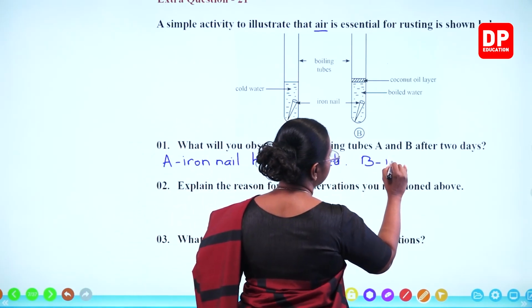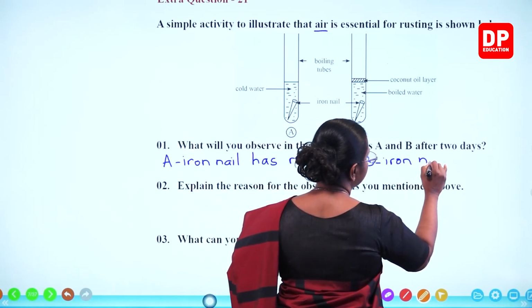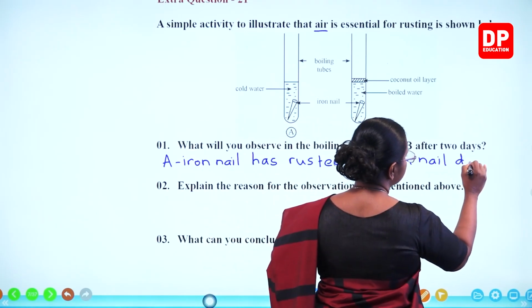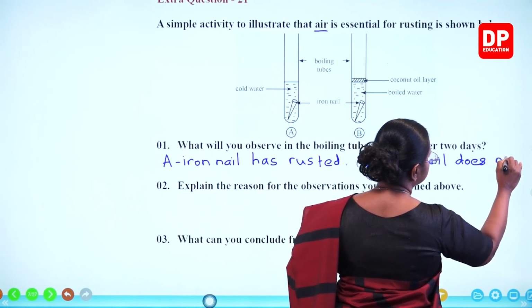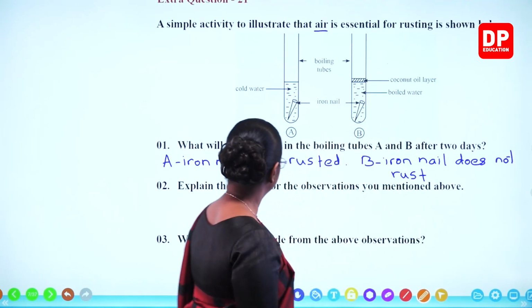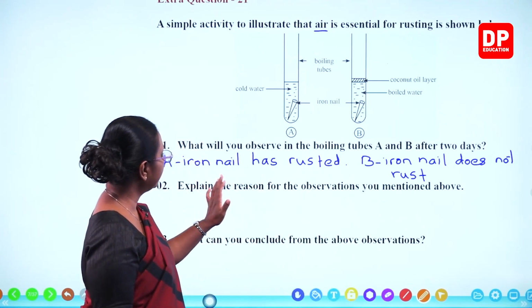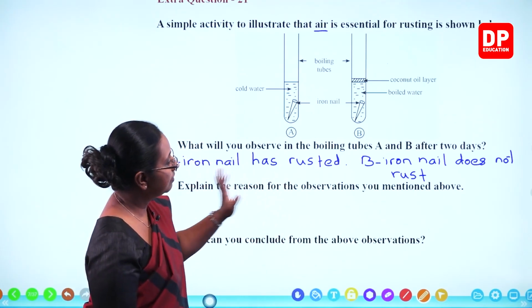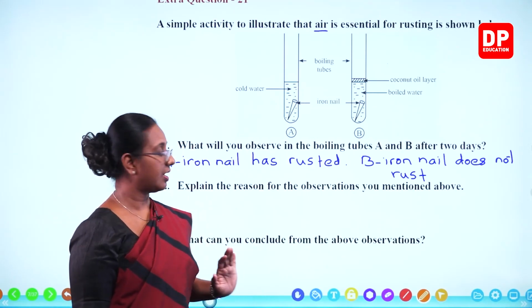In B, the iron nail does not rust. So that is the observation. In boiling tube A, the iron nail has rusted. In B, the iron nail does not rust.